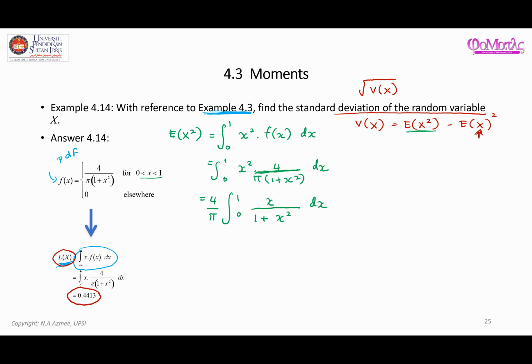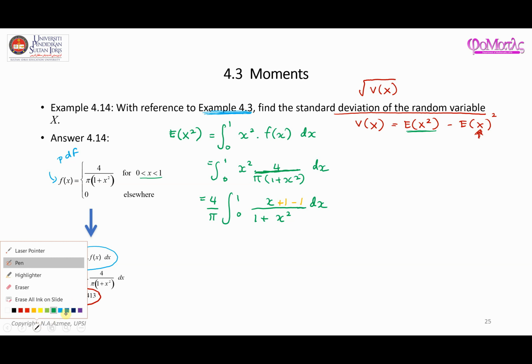And here we're going to do some sort of manipulation in order to solve this question right here. So what I'm going to do next, I think this is an interesting part, is I'm going to introduce plus 1 minus 1 at the top part of this fraction here. Now, why did I do that?